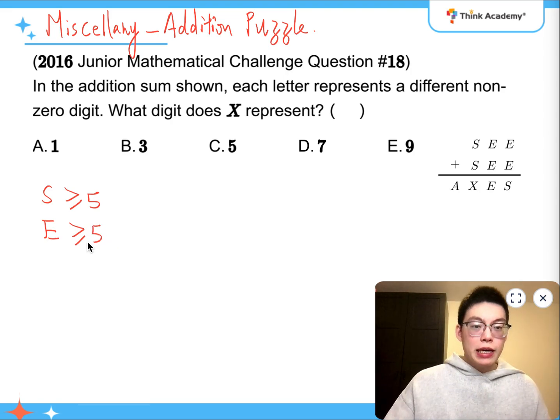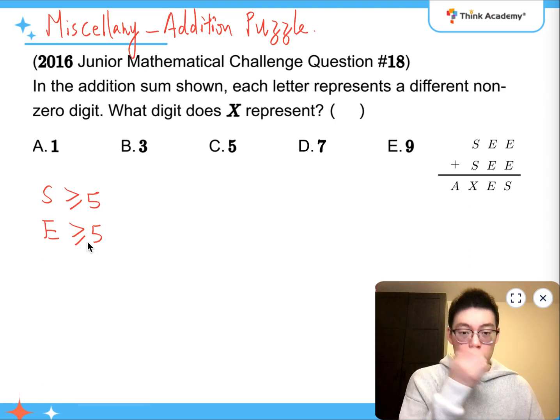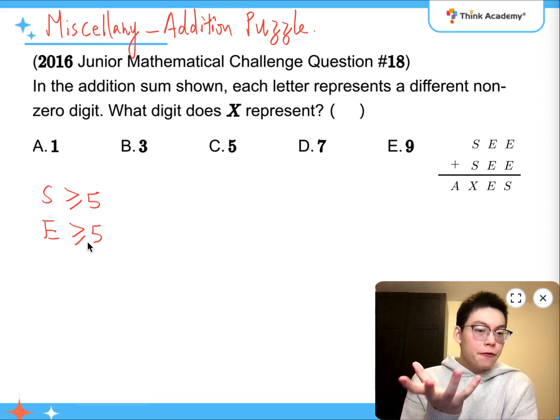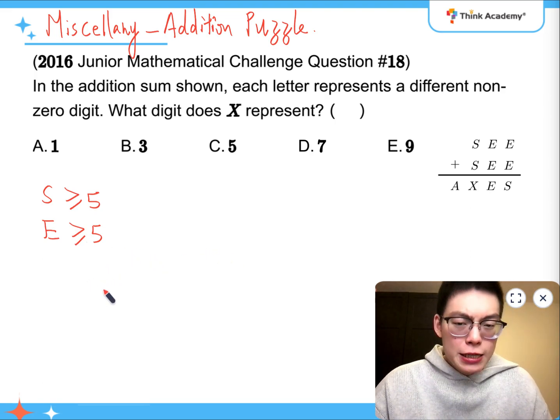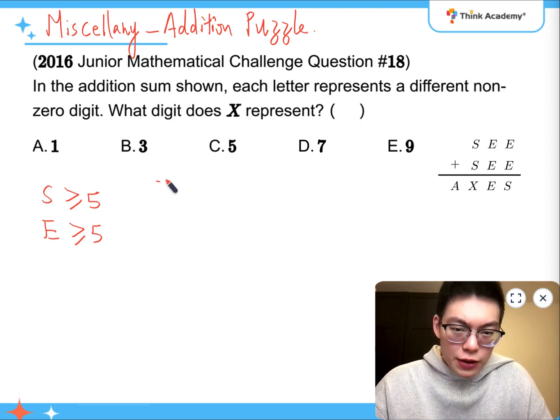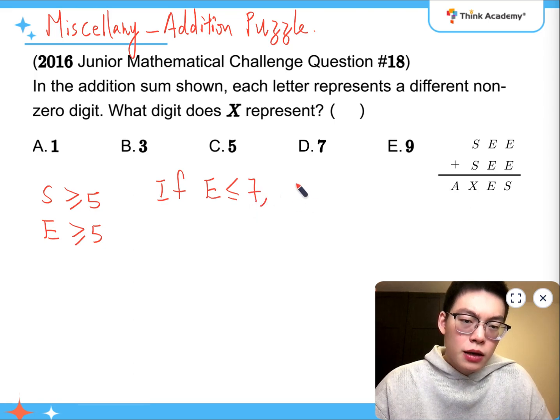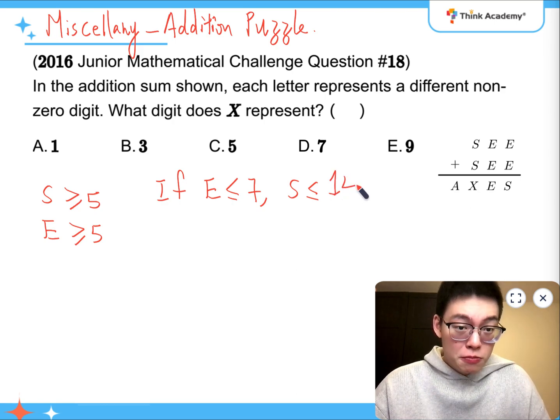Now, let's think about the different possibilities of E. If E is less than or equal to 7, S would be smaller than or equal to 14, right?